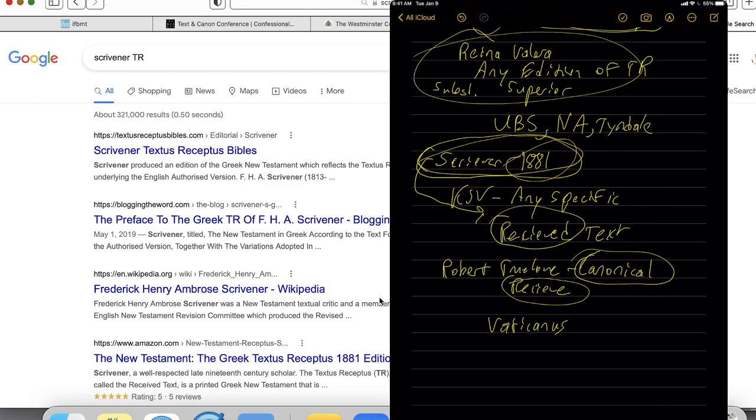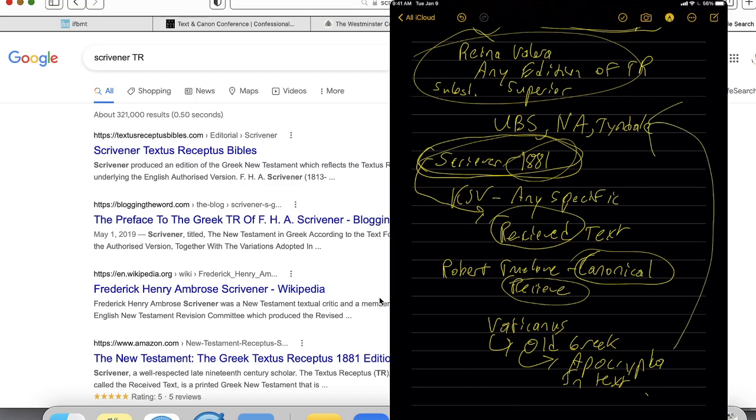But what a lot of people don't know is Vaticanus has an Old Testament in Greek, and Vaticanus Old Testament in Greek has the Apocrypha, and I believe it has the Apocrypha in the text, not in a separate section. So it's interesting how there's a lot of readings in the critical editions, like the Nestle-Aland and the United Bible Societies. There's a lot of readings in these that get support from Vaticanus, but a lot of evangelicals don't accept the Apocrypha, even though the Apocrypha is in Vaticanus.